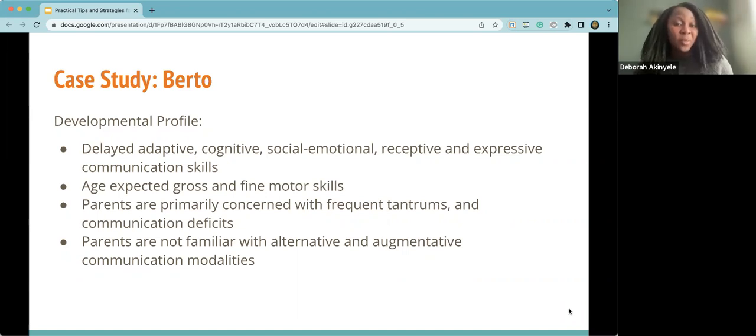And so it's really important to think about, if parents are primarily concerned with tantrums or emotional regulation and communication deficits, then that's really where you want to start in terms of thinking about functional word lists or thinking about specific routines, because that is going to be what gets the most buy-in. That is what's going to get the most collaboration from parents, because that is an area that they've prioritized and would like to see progress in.